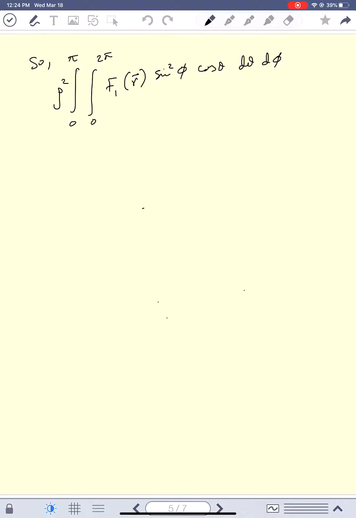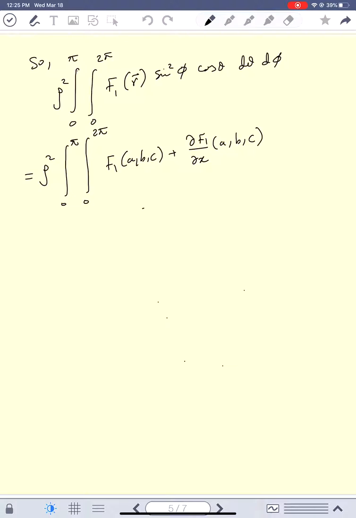Okay, so this becomes rho square times the integral. What is this integrand? We found it to be f1 at a, b, c plus the derivative with respect to x. If you allow me, originally we have a, b, c, but only to save some space, I don't want to write this, but we know it.